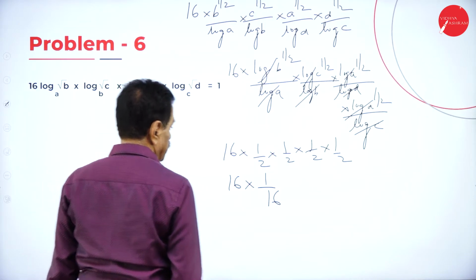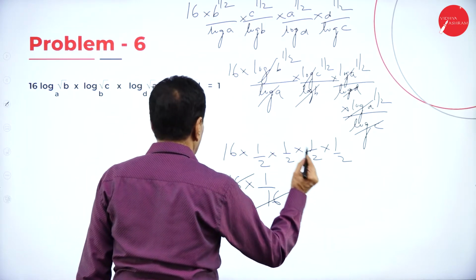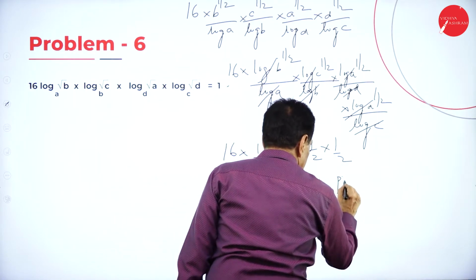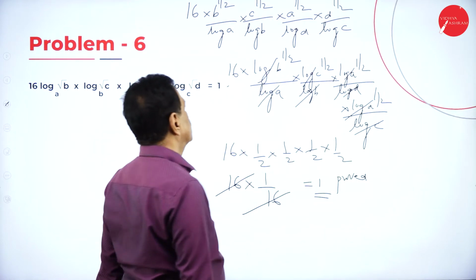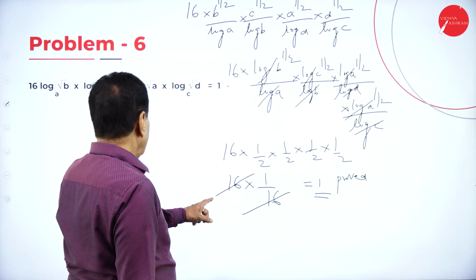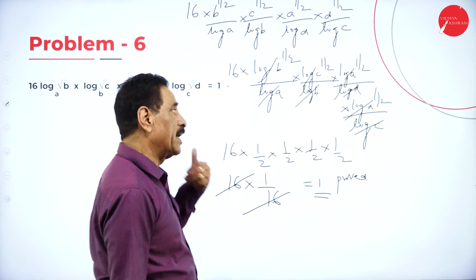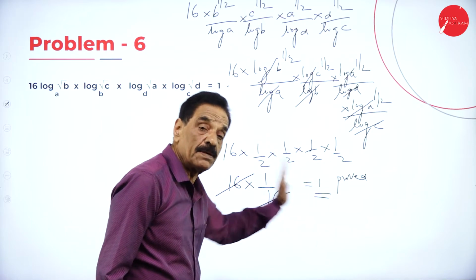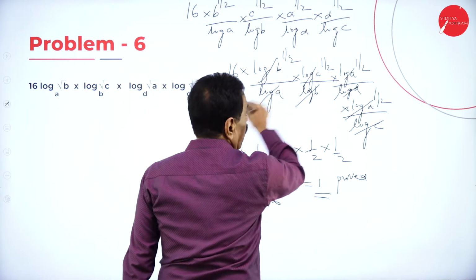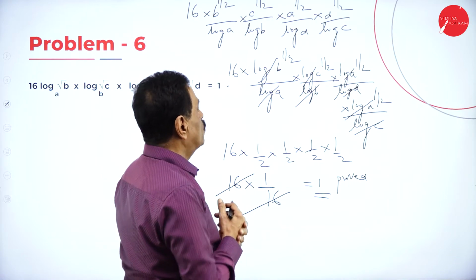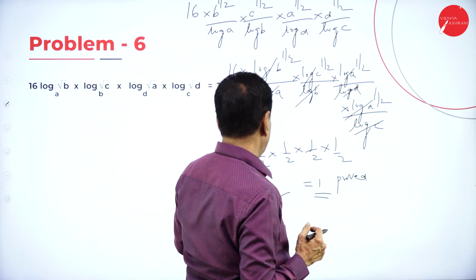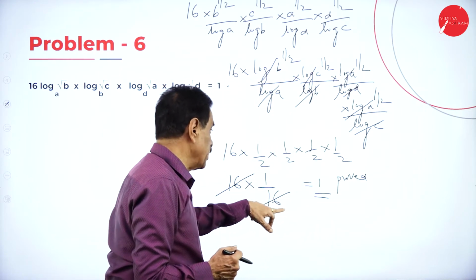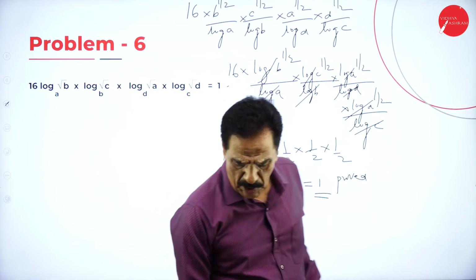So, it is equal to 1. Proved. There is no log at all, only a simple number 16, all log has been cancelled out. So what is left over? Half into half into half into half is equal to 1. We'll move on to the next one.